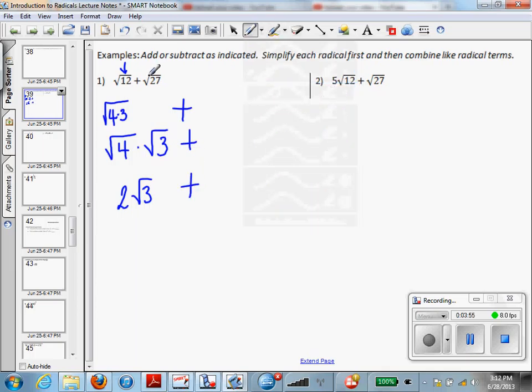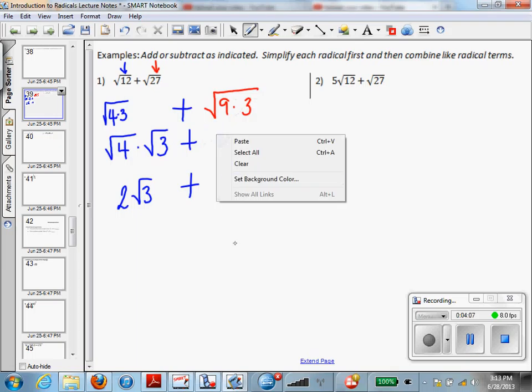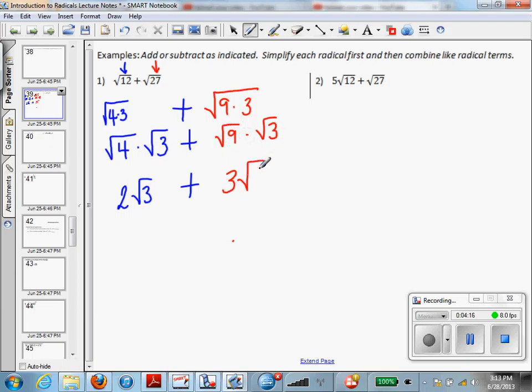And now let's think of the square root of 27. Square root of 27 can be thought of as square root of 9 times 3. 9 is a perfect square, so it can come out after breaking these apart, knowing the square root of 9 is 3.